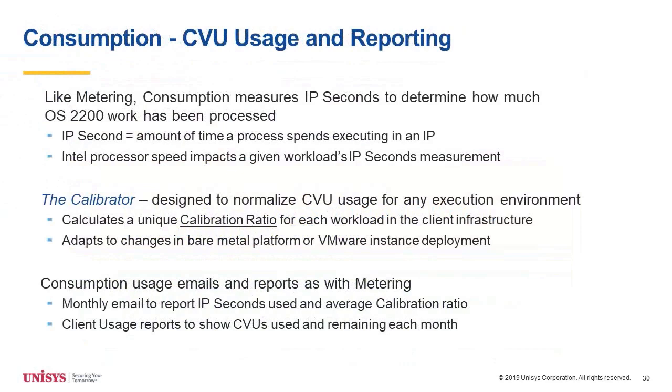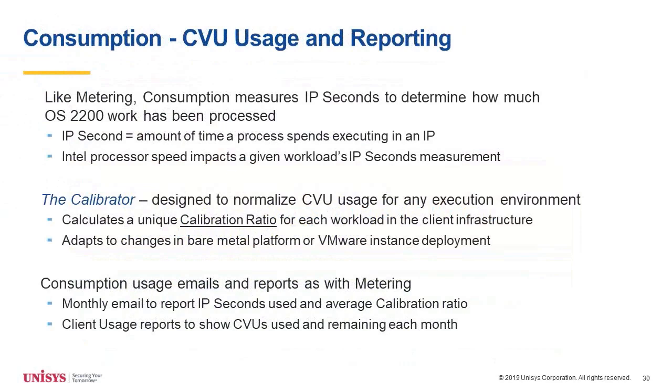It's designed to normalize the CVU usage in any execution environment. And you'll see on your monthly statement with consumption that there'll be a calibration ratio that is reported as part of the monthly statement and as part of your overall reports when it comes back. And that's all designed to adapt to changes in the bare metal or VMware instance deployment.